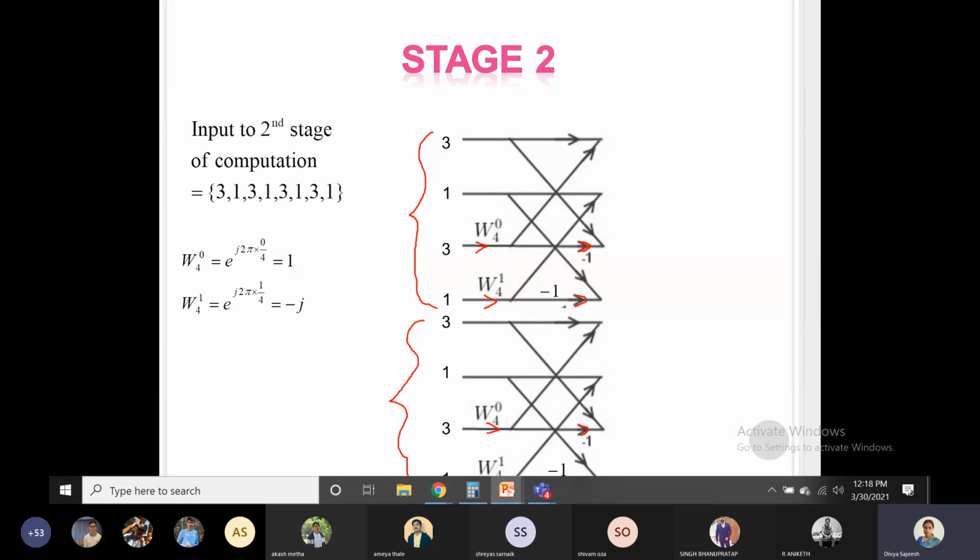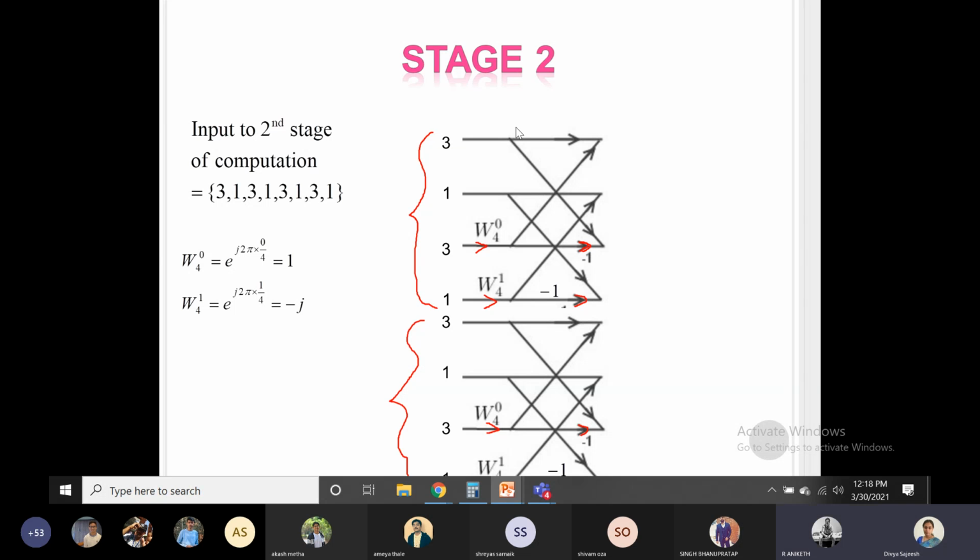Also I insert -1 at the third and fourth input of the butterfly diagram. Similarly, in the next set you make the same changes. Now let us calculate the outputs.